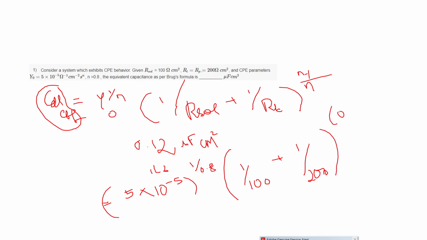The whole raised to 0.8 minus 1. So what do you get? I'm getting 1.201 into 10 to the power minus 5.